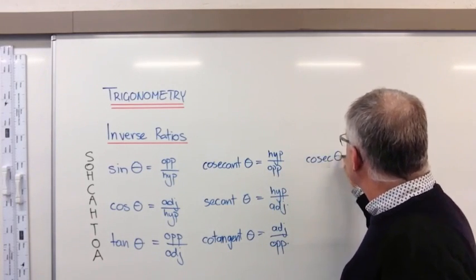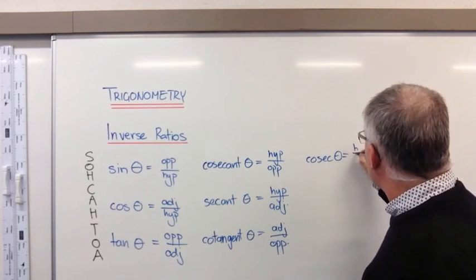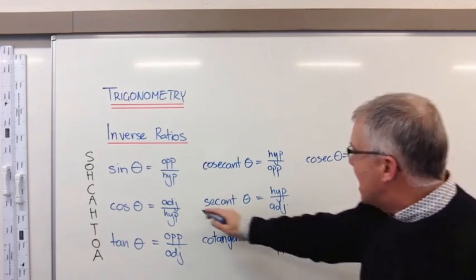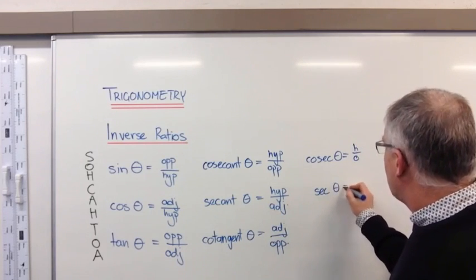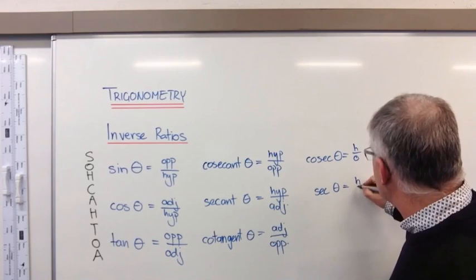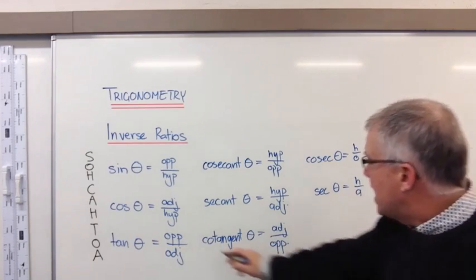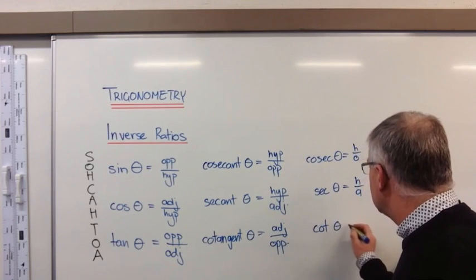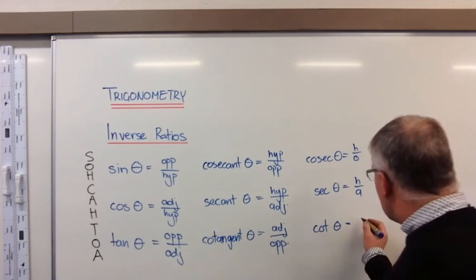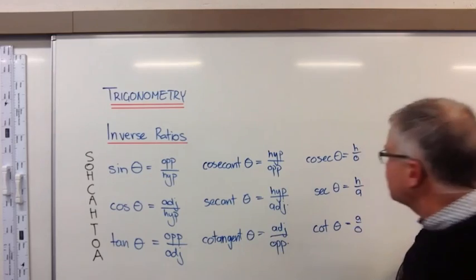So cosec theta is equal to hypotenuse over the opposite. Secant is written as sec theta, which is the hypotenuse over the adjacent. And cotangent is written as cot theta, so we have the adjacent over the opposite.